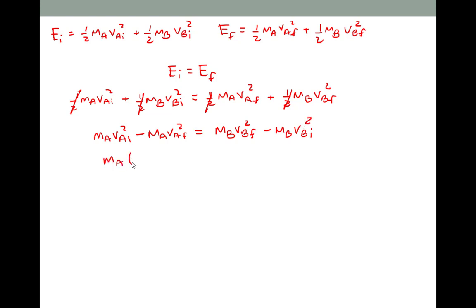And again, I'm going to factor, pulling a minus sign out as well for mass B, so it's again initial squared minus final squared. The next step is to pull in the math I did at the beginning where a plus b dotted with a minus b gave me a squared minus b squared. Well, here I have one thing squared minus another thing squared. So I'm going to separate this out.